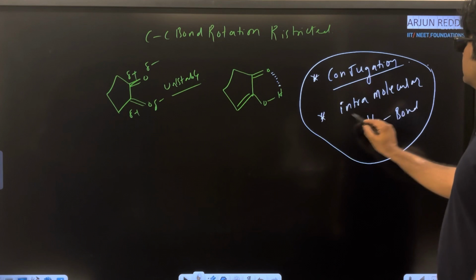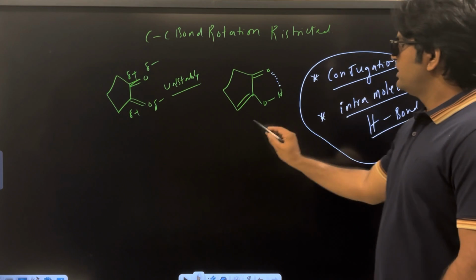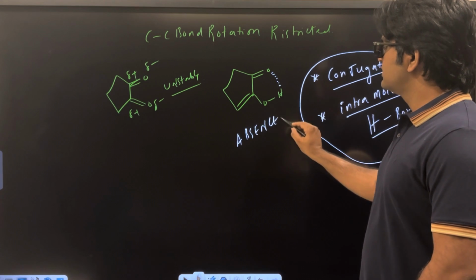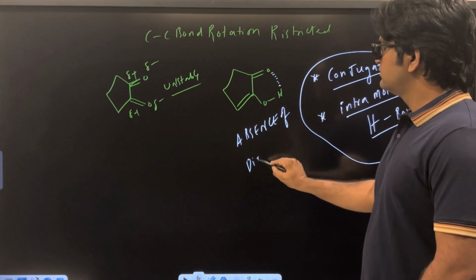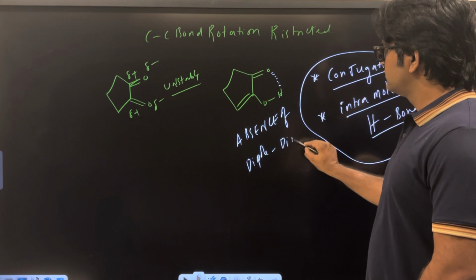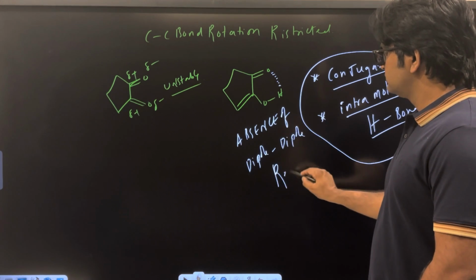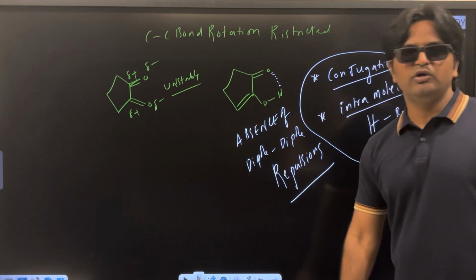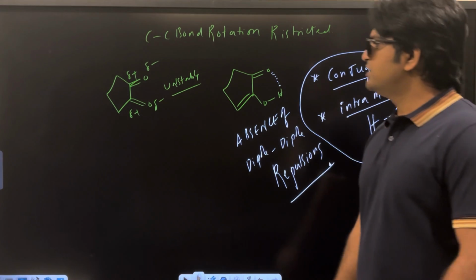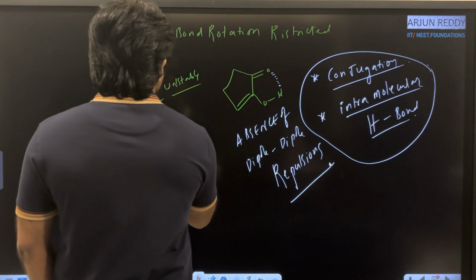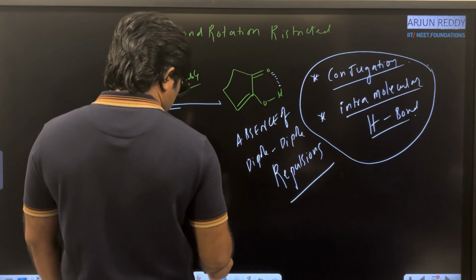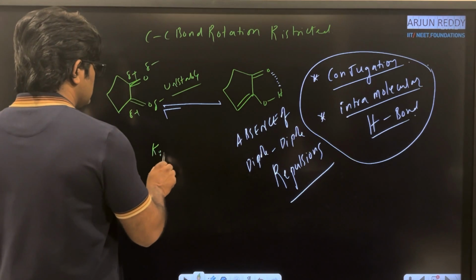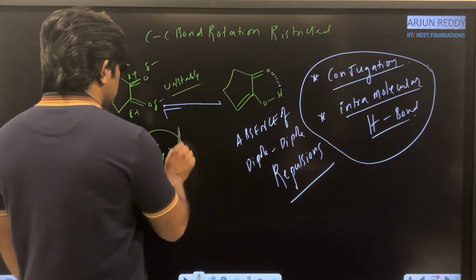There is a conjugation and intramolecular hydrogen bond and absence of dipole repulsions. These are the advantages. Because of these advantages, the enol form is more when compared to the keto form. And what is the equilibrium constant value in that case? The equilibrium constant value is greater than 1.